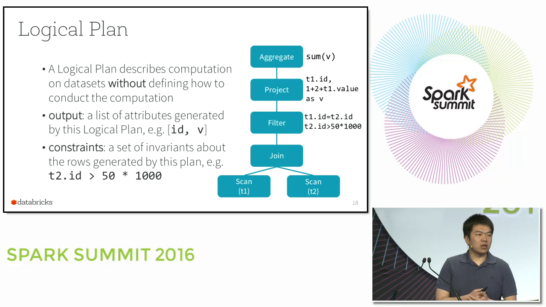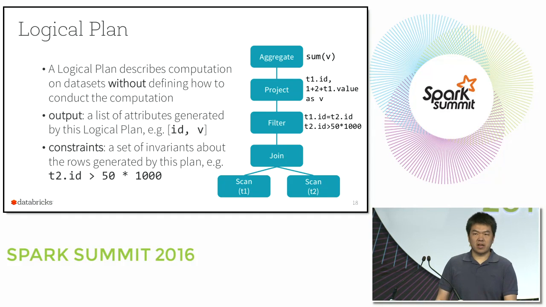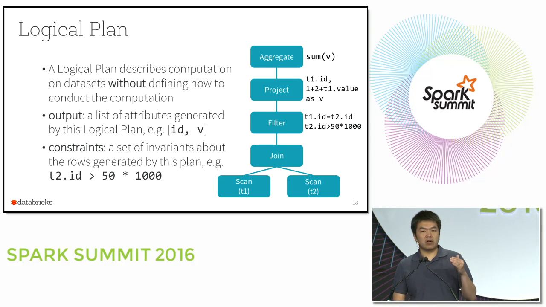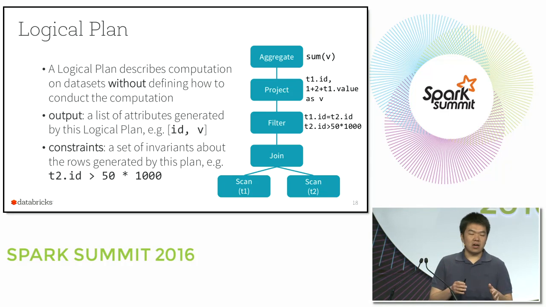Also, a logical plan has a property called constraints. A constraint represents a set of invariants about the rows generated by this plan. For example, in this case, we have a filter, and one of the constraints is that for the output rows of this filter, the value of t2.id must be greater than the result of 50 times 1,000.